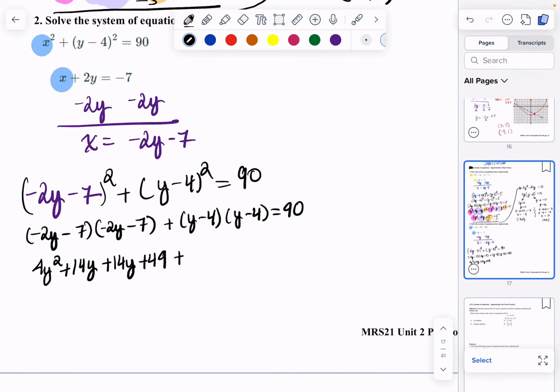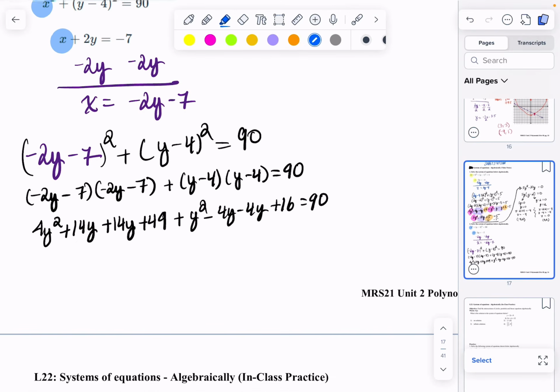Okay, let's take a look at the next one. y squared minus 4y minus 4y plus 16 is equal to 90. Okay, let's combine our like terms. We have 4y squared and y squared, so we have 5y squared. 14y and 14y, 14 plus 14 is 28.